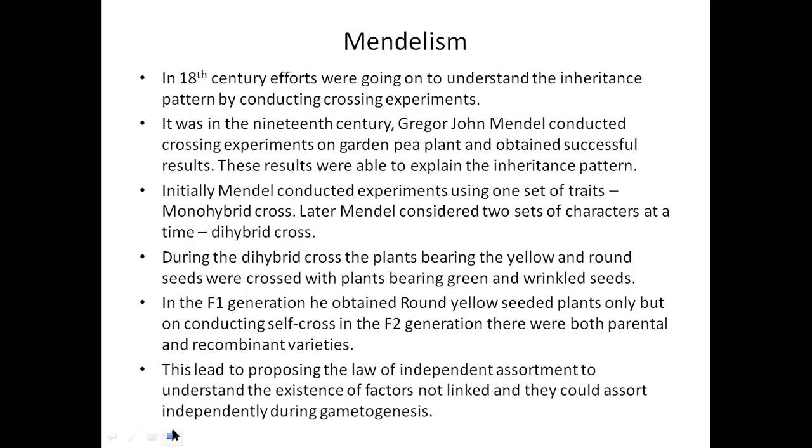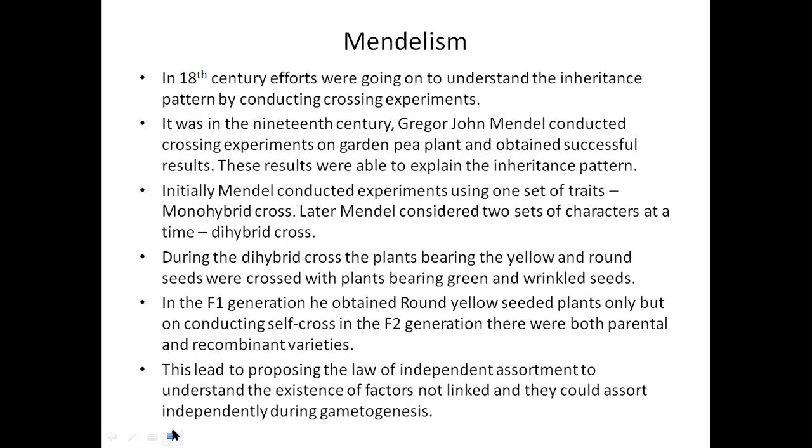As I discussed in the previous class, in the 18th century efforts were going on to conduct crossing experiments, but it was in the 19th century that Gregor John Mendel conducted experiments on pea plants. He obtained results after crossing these plants. Initially, he conducted the cross including one set of characters, the monohybrid cross, and later on he conducted the cross including two sets of characters, known as the dihybrid cross.